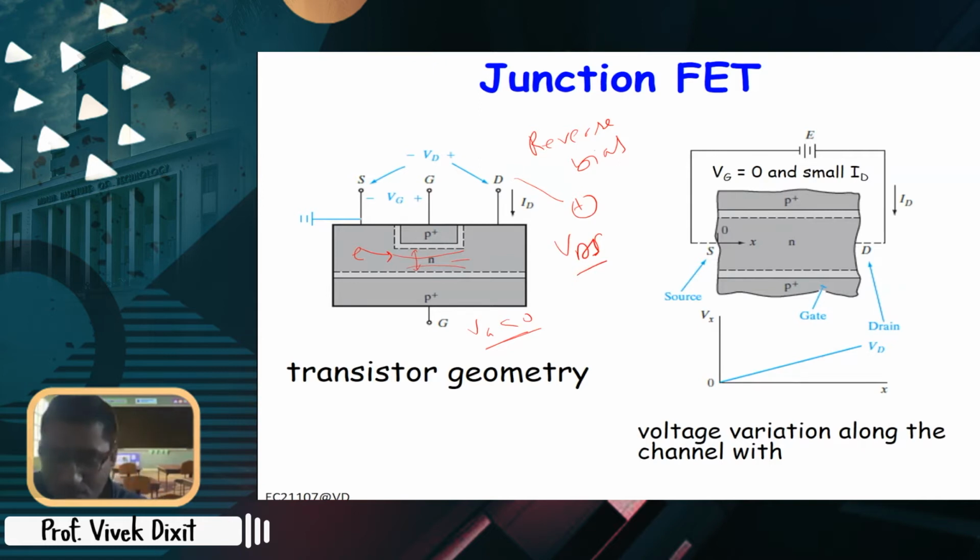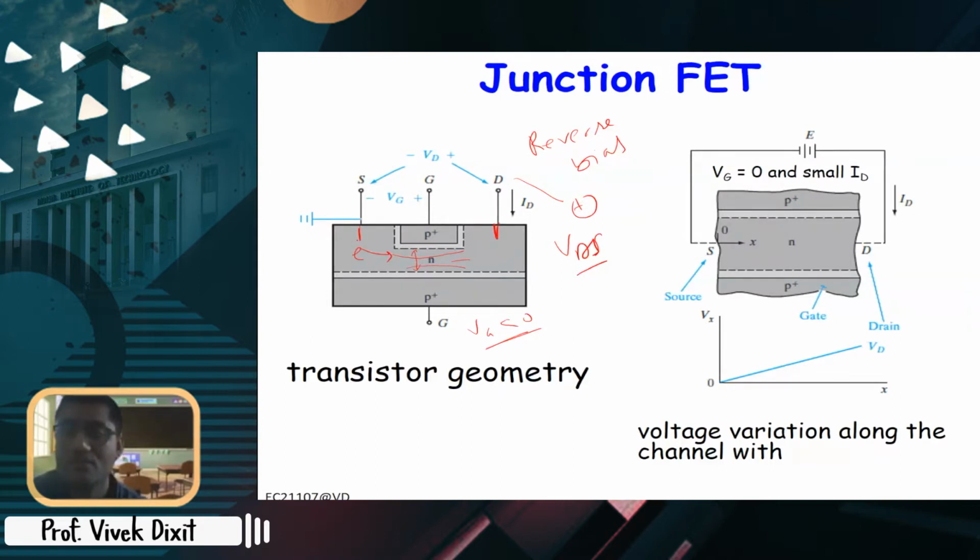Now, if you closely look at the conduction mechanism for a given gate voltage, the voltage from source to drain is changing. The voltage here is Vd, the drain voltage, and this is the source voltage Vs. This voltage will change gradually, and that has a name, the gradual channel approximation.